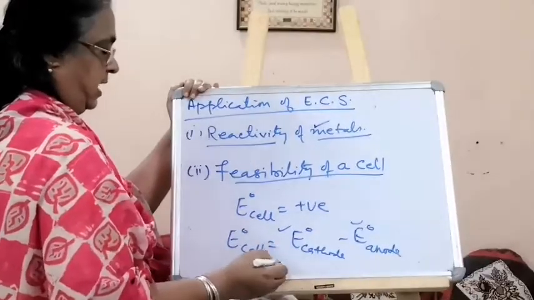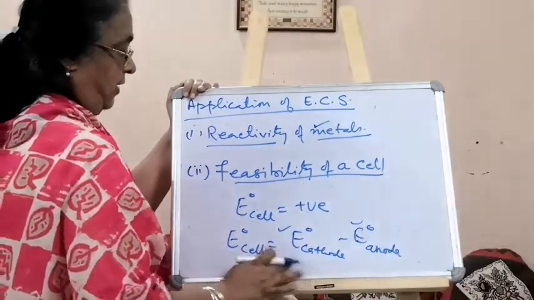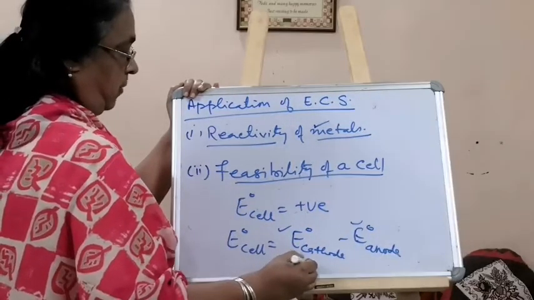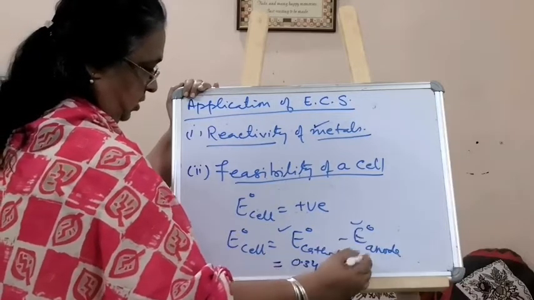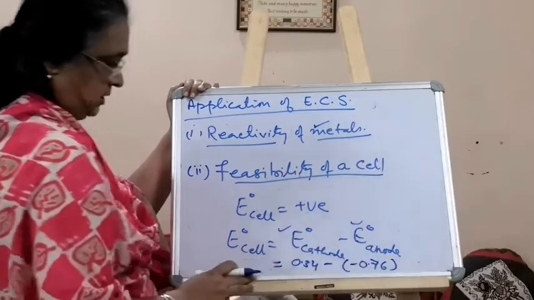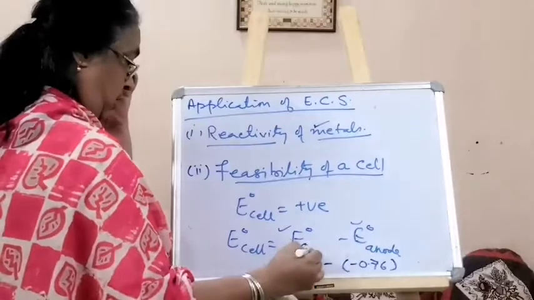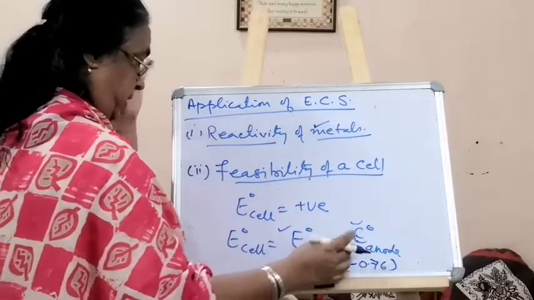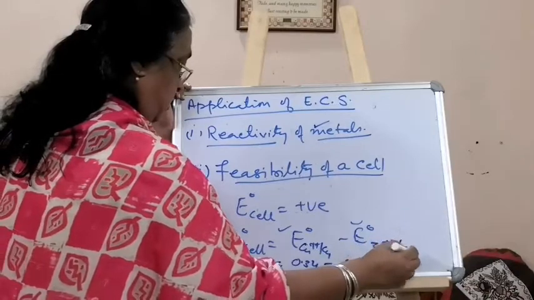If you know these values, you can see them from the electrochemical series and put them in. If the net answer is coming positive, like for copper you have this, and minus, and E0 reduction for zinc is minus 0.76. This is for copper ion over copper, and this is for zinc ion over zinc.